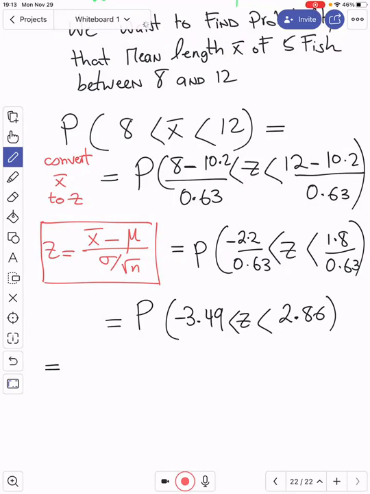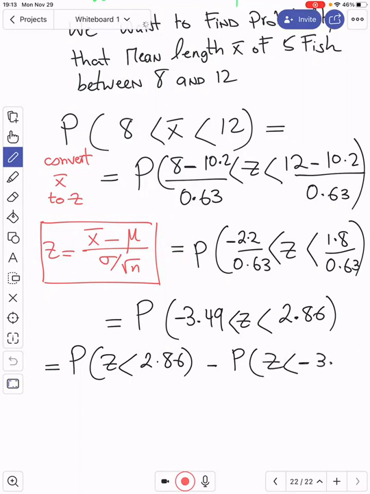Now, this is just the difference. So the probability that your Z is between these two numbers is the probability that Z is less than 2.86 minus the probability that Z is less than negative 3.49. Now we can use the table.